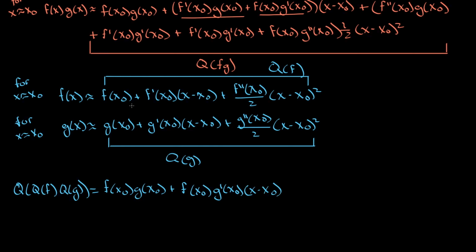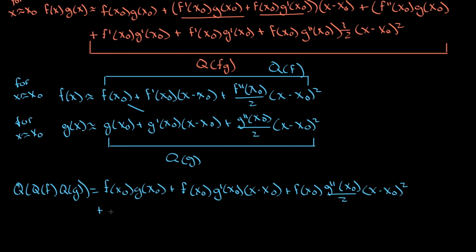And again, this is just multiplying here to here. And then we're going to multiply here to over here. So we have plus f of x naught times g double prime of x naught over 2 times x minus x naught squared.